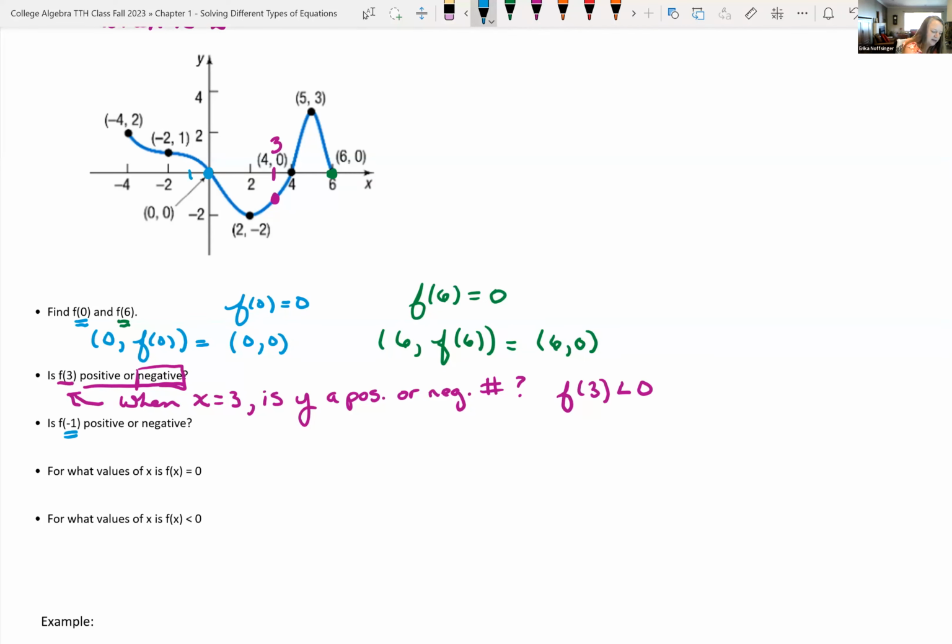So going to when x is negative 1, are we above or below the x-axis? Well, f of negative 1 is above the x-axis, so it's bigger than 0. So we have a positive number.